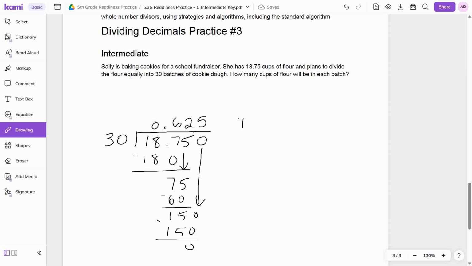We can say there will be 0.625. That's actually 5/8 if we wanted to make that into a fraction. Cups, lowercase c, of flour in each batch.